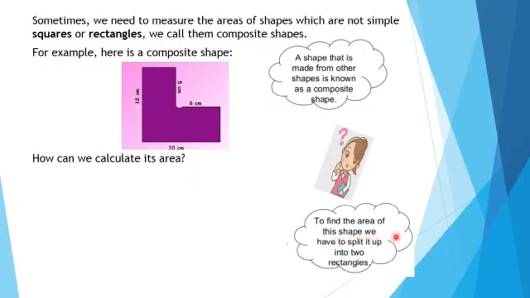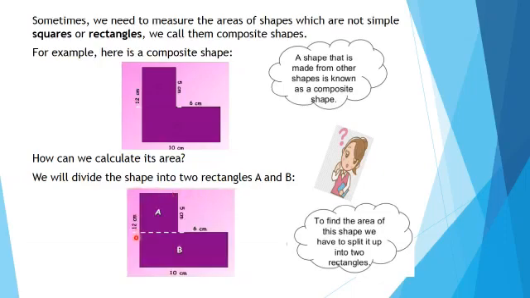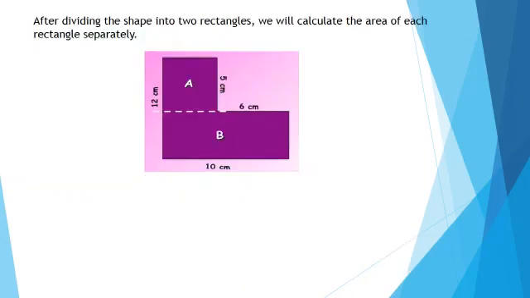To find out the area of this shape, we have to split it up into two rectangles. So, we will divide the shape into two rectangles A and B as shown here. After dividing the shape into two rectangles, we will calculate the area of each rectangle separately.